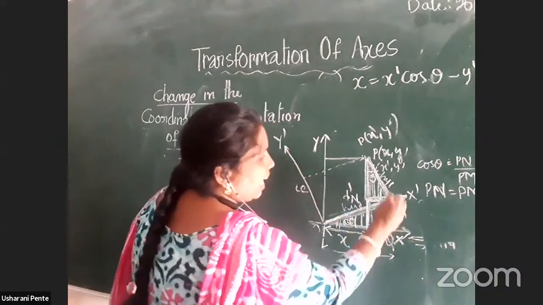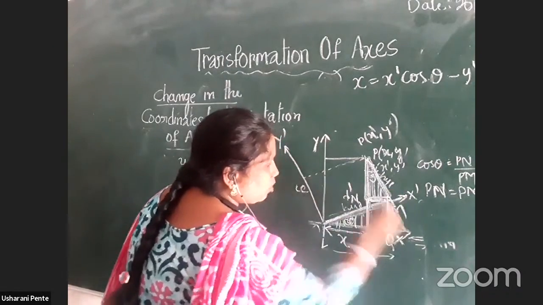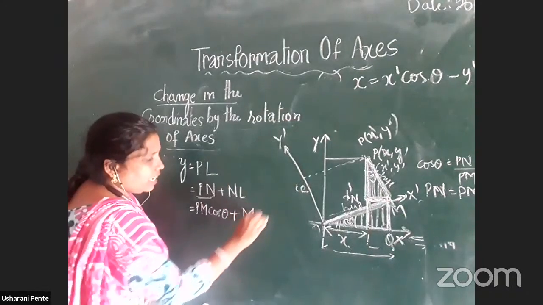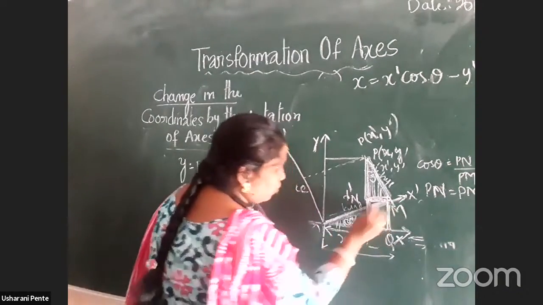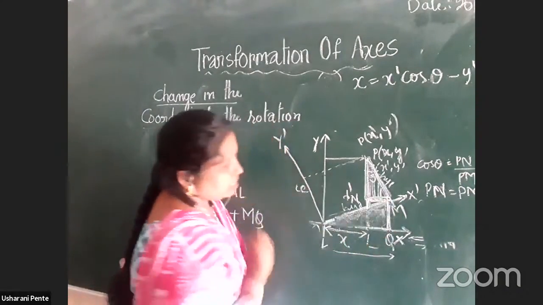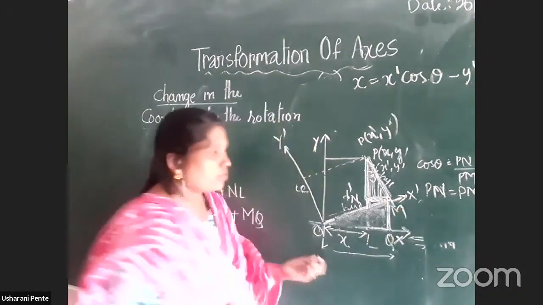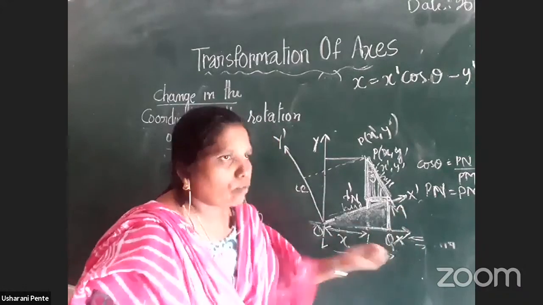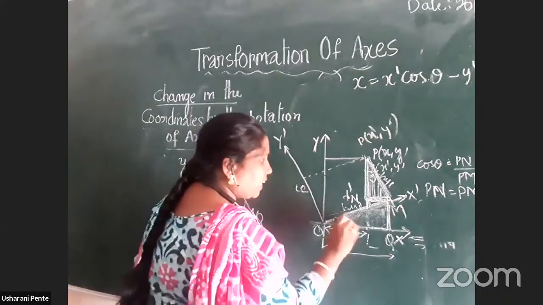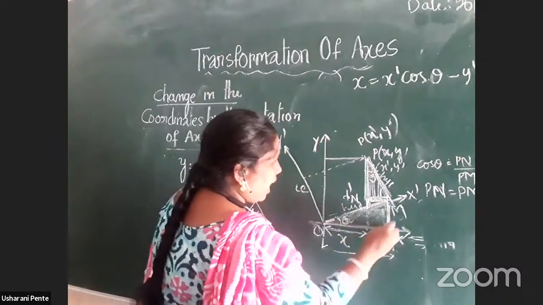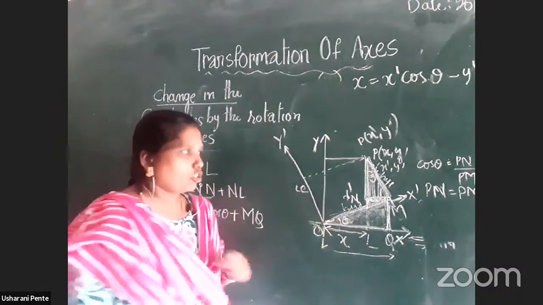This NL is equal to MQ. How will we get this MQ? From this triangle, that is the triangle MOQ. This is the angle. MQ is the opposite side and this is the hypotenuse.